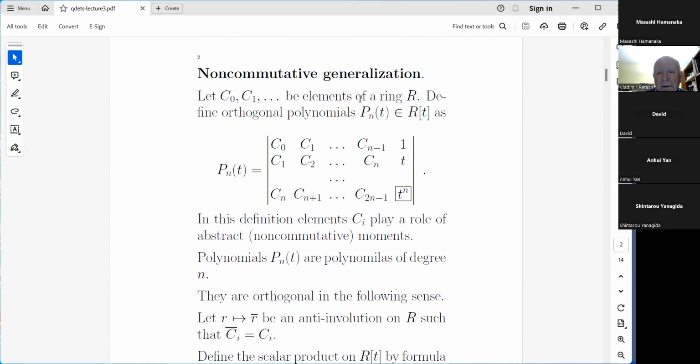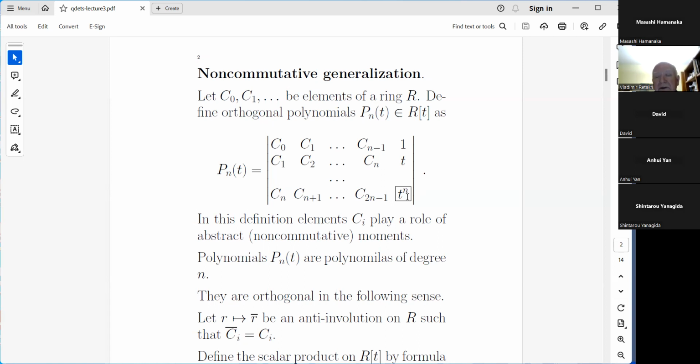Suppose I have elements of a ring R, and I define my polynomials by using these formulas for quasi-determinants. I have a matrix of moments, and in the right column I have powers of t: 1, t, and so on, up to t^n.